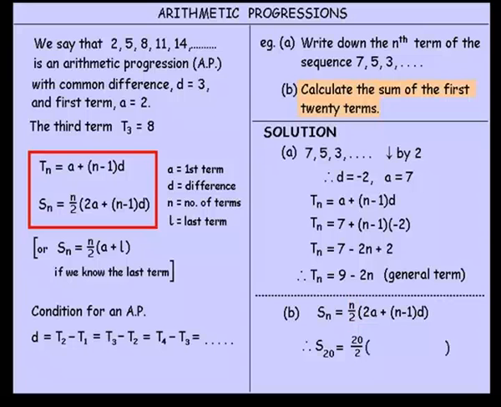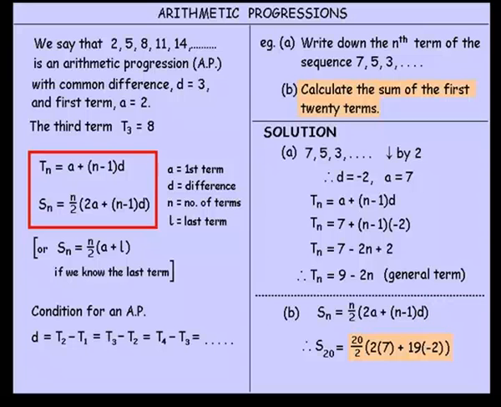Then in brackets, 2 times a, where a is 7. n minus 1, well we know that n is 20, so 20 minus 1 is 19. And we're multiplying the 19 by the difference, which is negative 2.